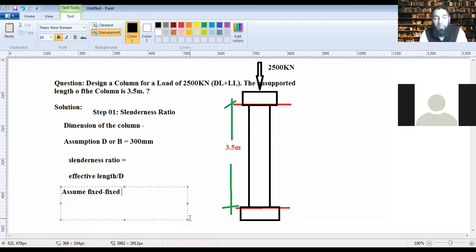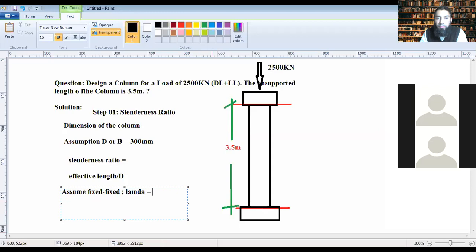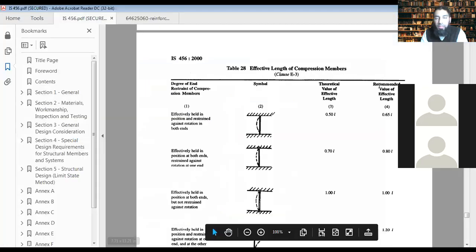So when you have a fixed condition, then your slenderness ratio lambda is equal to how much as per IS 456? If it's a fixed condition, it will be 0.65 times the actual length, as per IS 456.